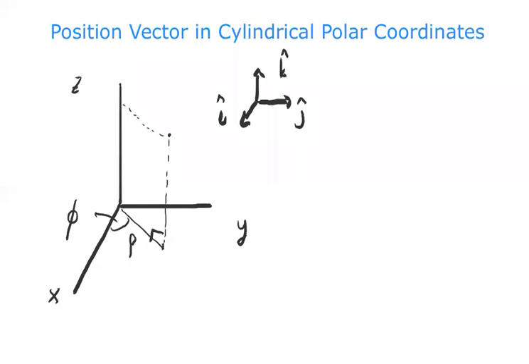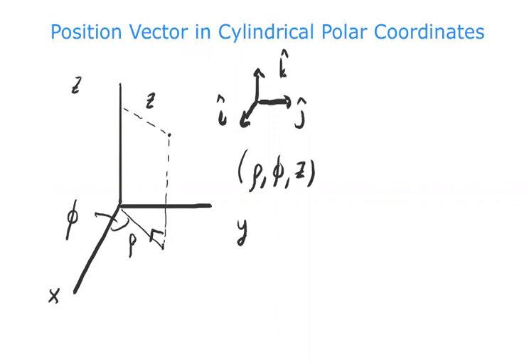And let's do this a little bit more carefully. This distance here is simply z. So rho, phi, z: those are the three independent variables in cylindrical polar coordinates.